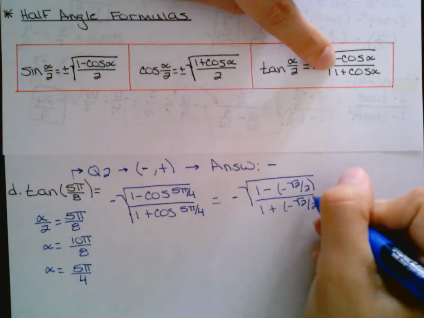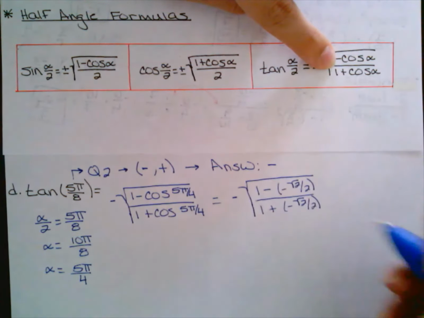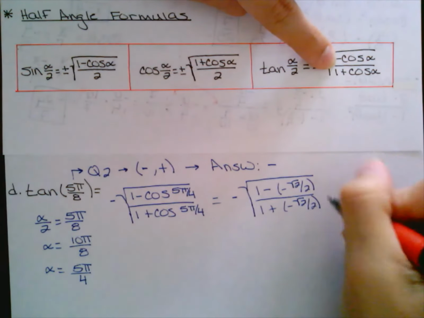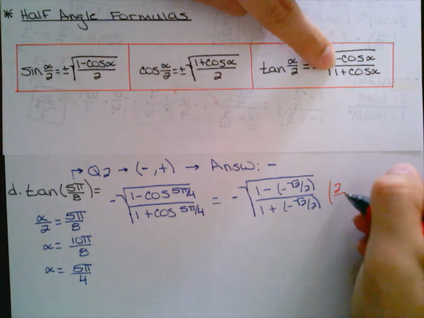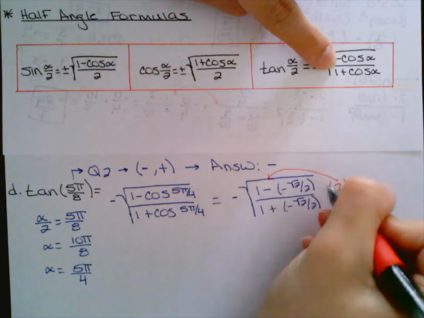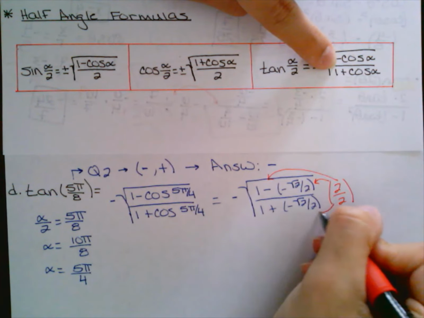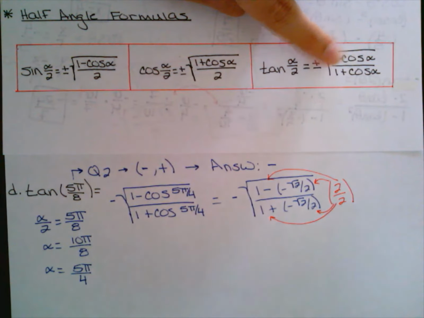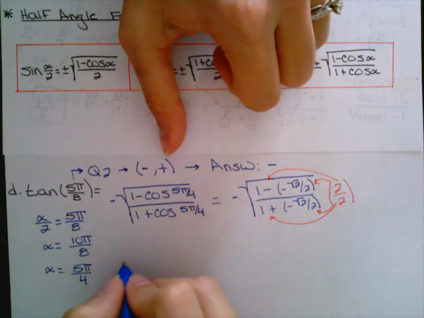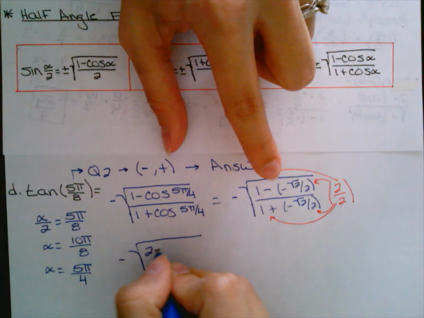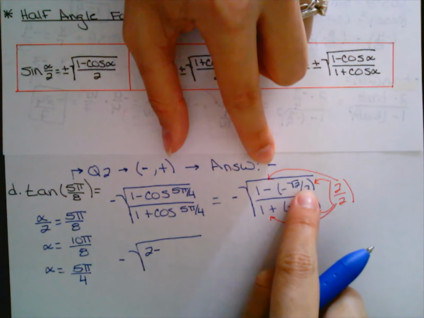Always make sure that your notation of your radicals extends to the denominator. Same step as always, multiplying that 2 over 2. So now 2 times 1 is 2 minus, the whole point of this 2 is to cancel out that one in the denominator.